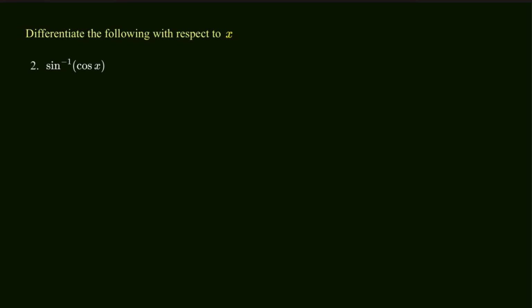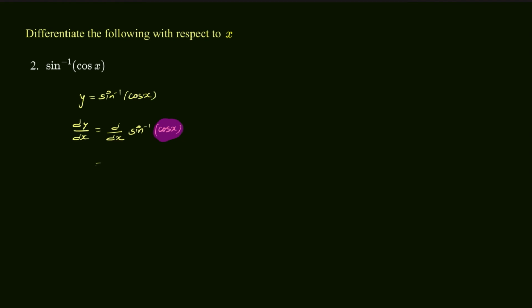Question number 2, sine inverse of cos x. So let y equal sine inverse of cos x. So inside sine inverse there is cos x. Therefore dy over dx will be equal to d/dx of sine inverse of cos x. We will consider this cos x as simply x.